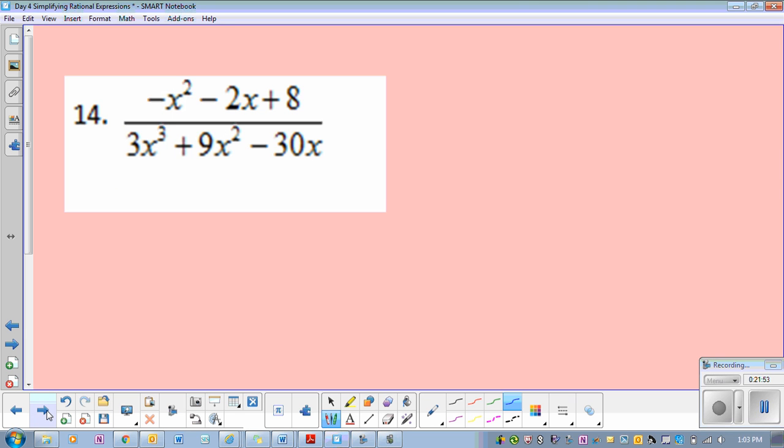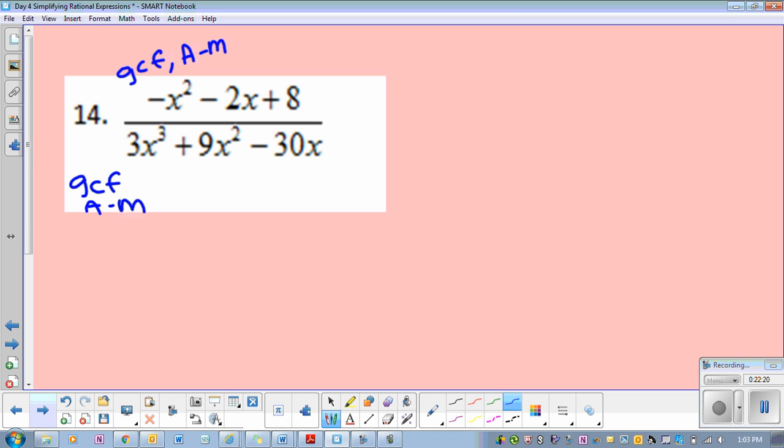Alright. So number 14. Well, you're starting with a negative up on top, so you definitely need to do a GCF, and then it's going to be an AM, because you have 3 terms. And then down the bottom, you have 3x cubed, 9x squared, 30x. Well, that's definitely a GCF, and then an AM.